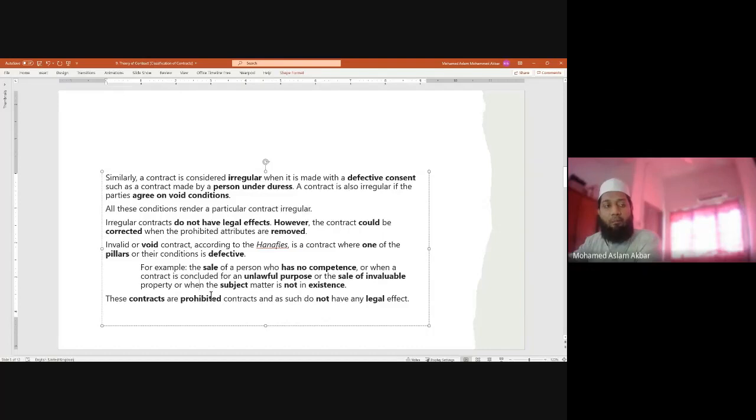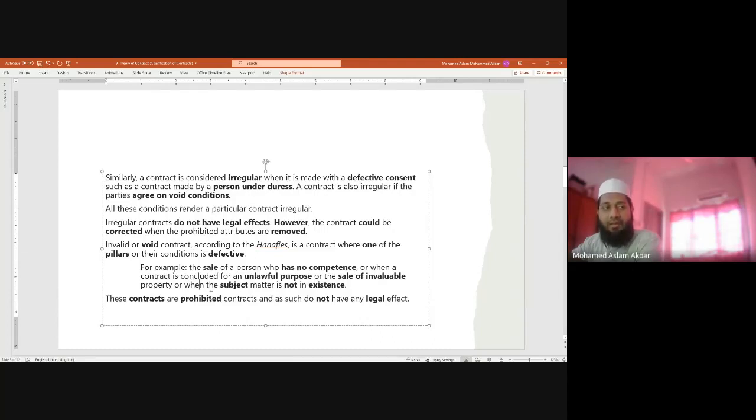That's why they have the asal and wasaf. Maybe you can say asal means the primary. Okay, you can write it down. Asal means primary, wasaf means secondary. So when there is a problem in the primary, the primary according to Hanafi is definitely offer and acceptance, together with the conditions that follow the offer and acceptance, which means the capacity and the subject matter.